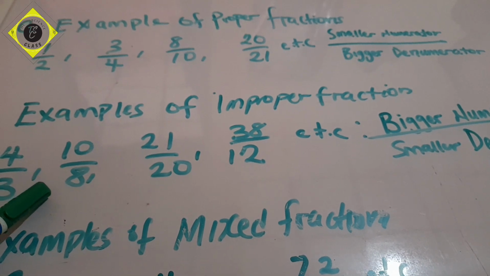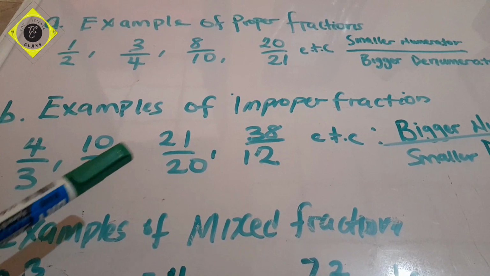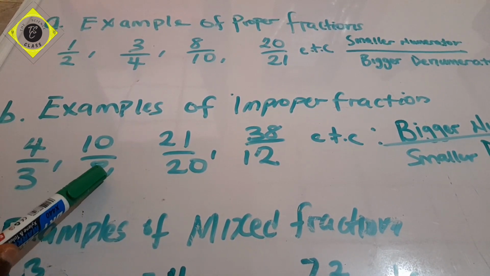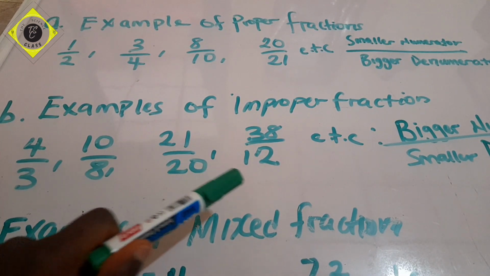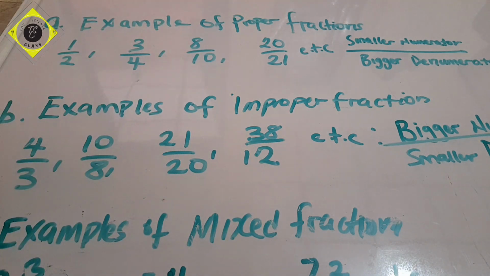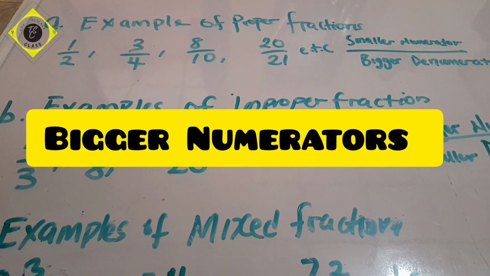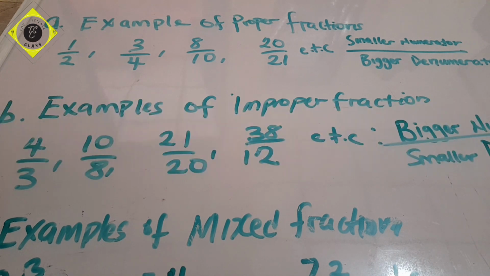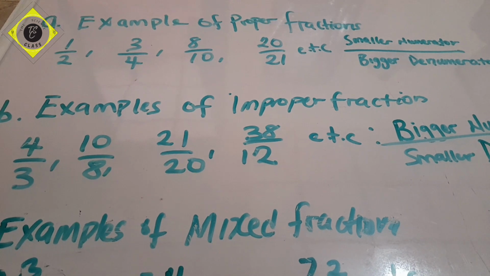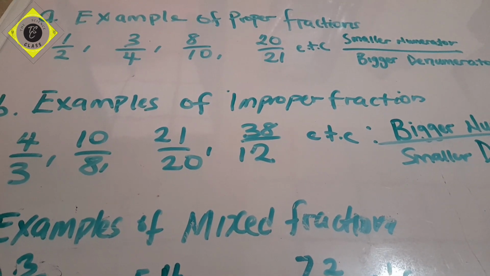Let me show you very well. 8 is the denominator, 20 is the denominator, 12 is the denominator here. So in an improper fraction, you have a bigger numerator, which is the number on top, and a smaller denominator, which is the number below.